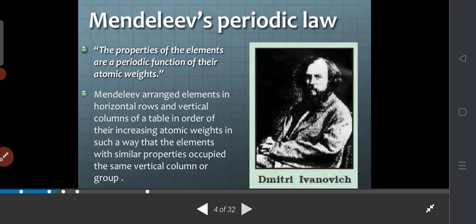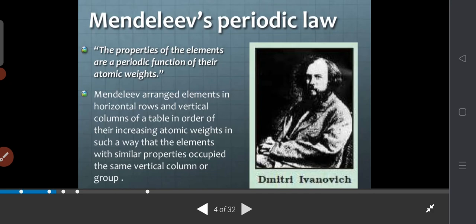Next and most important is the Mendeleev periodic law: the properties of the elements are a periodic function of their atomic weights. In the Mendeleev periodic table, the elements are situated according to group and period by their atomic weights.